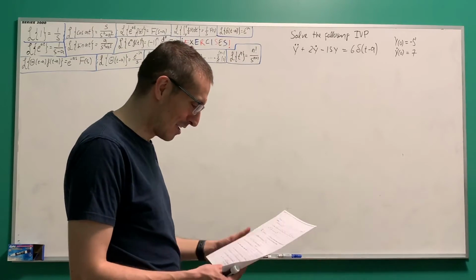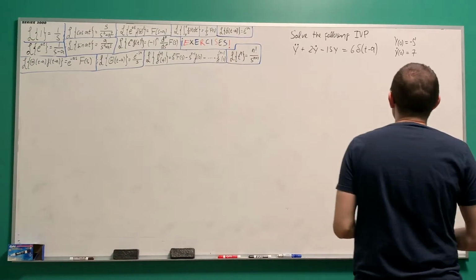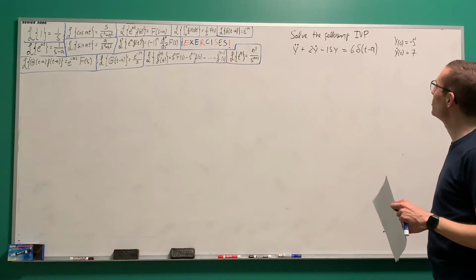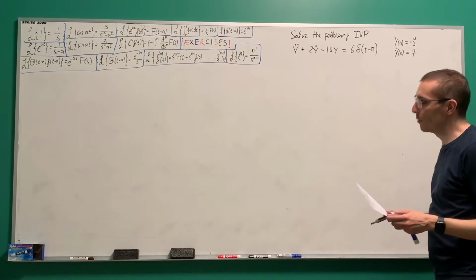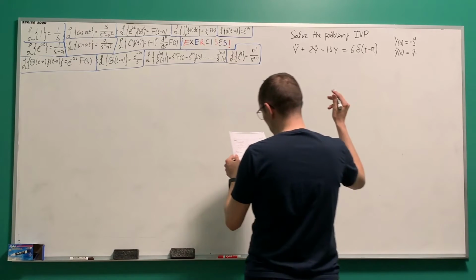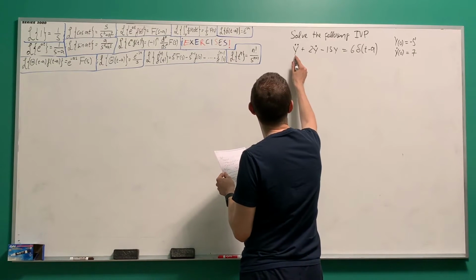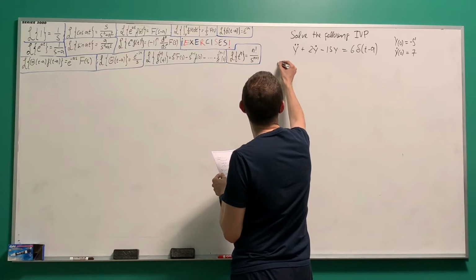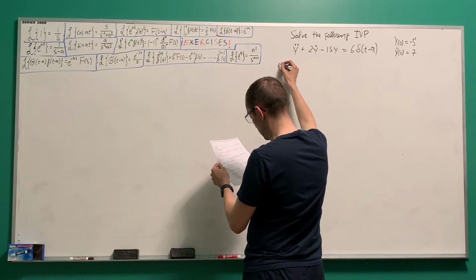All right. To solve this differential equation with these initial conditions, what we do is take the Laplace transform on both sides, as we have been doing. So we get the Laplace transform. Let me write it right here.